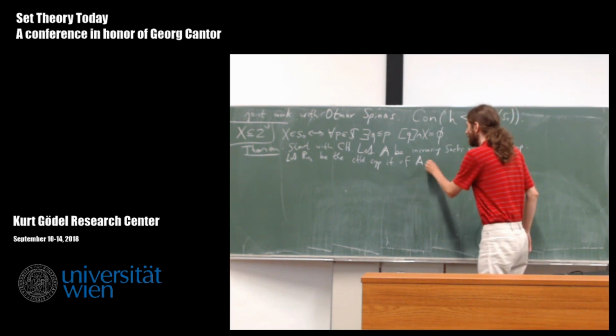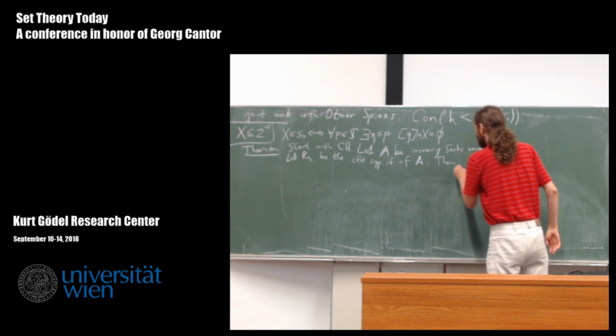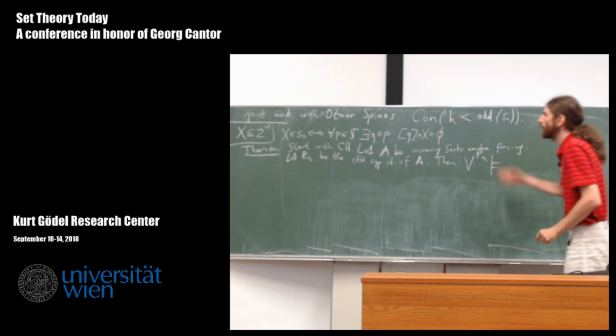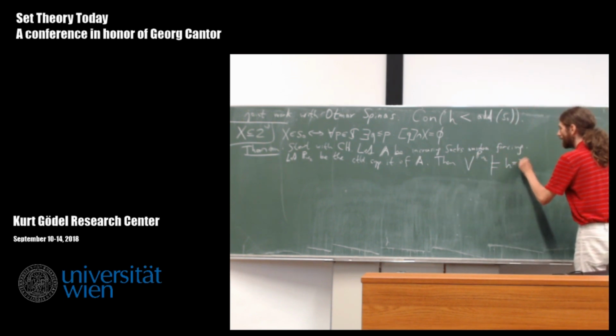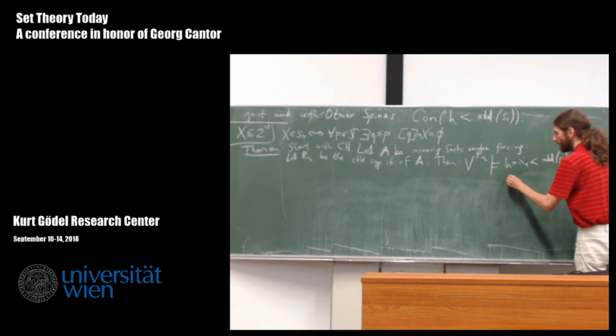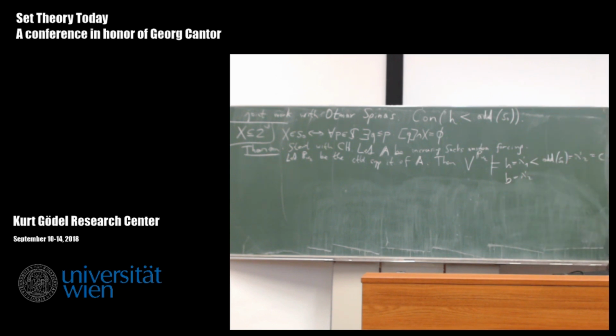And then in the final model, in V^{P_omega2}, this holds: H equals aleph 1, strictly less than the additivity of the Marczewski ideal, which equals aleph 2, which equals the continuum. And even more holds actually. We know that the bounding number is large in the model as well, the bounding number equals aleph 2.